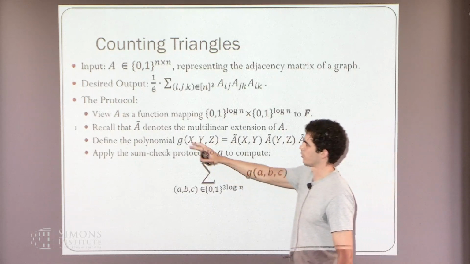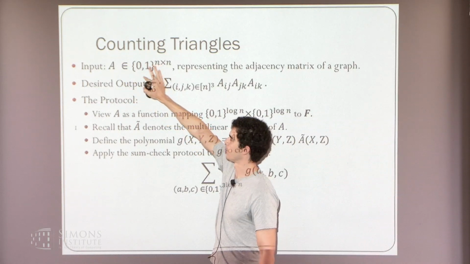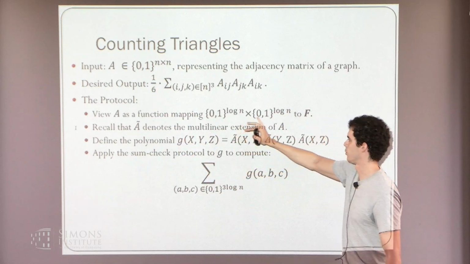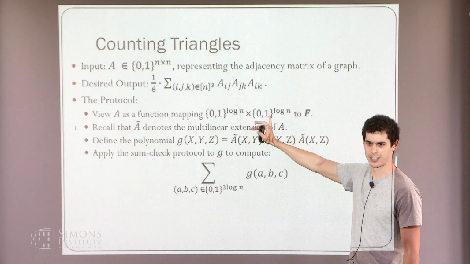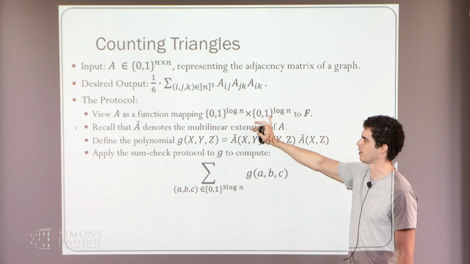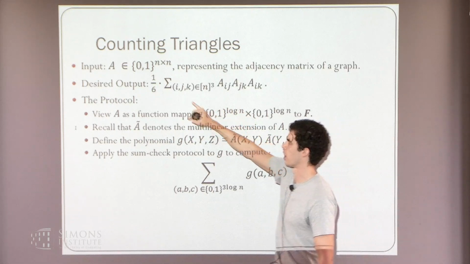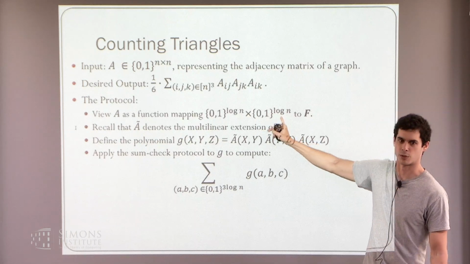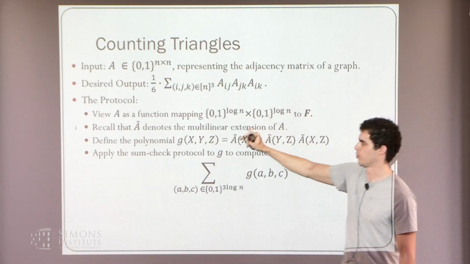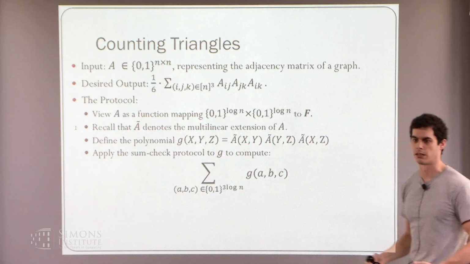The one tricky thing here is we're not going to view the input as an n by n matrix. We're going to view the input as a function on 2 log n bits in the natural way, but in case you don't think it's natural, let me explain that. So we're going to interpret the first log n bits as specifying a number i between 1 and n, and the second log n bits as specifying a number j between 1 and n. And we're going to interpret A as a function spitting out just a_ij.